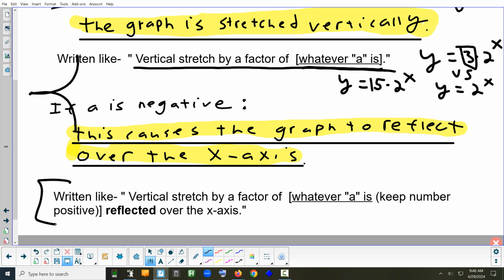So the first part's the same. Vertical stretch by a factor of, write in the number for A. The key is whatever number you put here has to be positive. Okay, we don't use the negative number there. This is what you have to write down because it's negative.